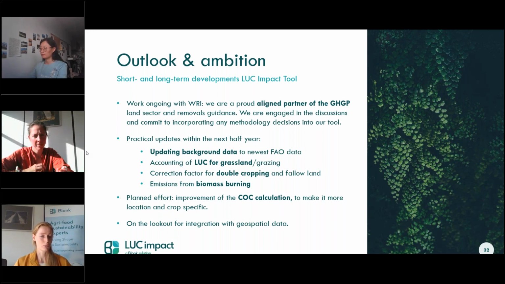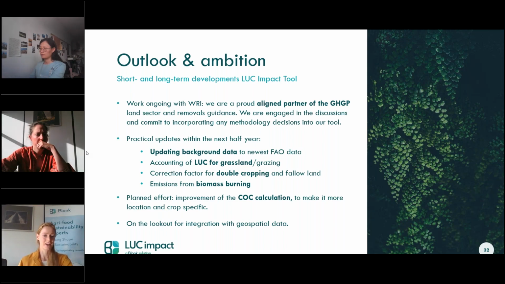Also, we will work to incorporate land use change values for grassland and grazing, which are not fully covered at this moment in the tool, but we plan to do that on a short notice. Also, we plan to incorporate a correction factor for double cropping and fallow land. So basically a correction factor for land use efficiency in different lands, different countries. And we plan to include emissions from biomass burning. So other non-CO2 emissions that occur from these land use changes.